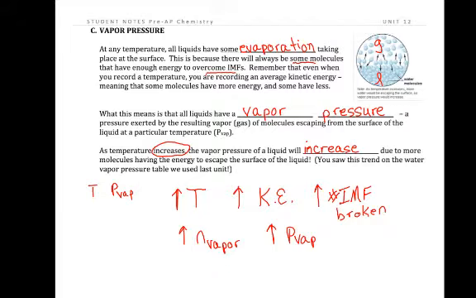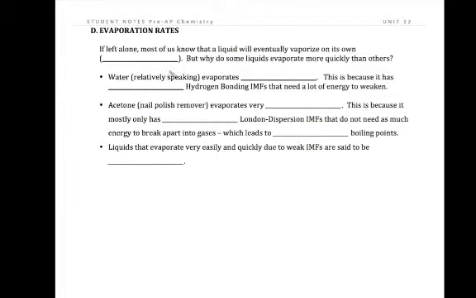All right, now let's see here. Evaporation rates: if left alone, it's going to vaporize of its own accord. It's going to evaporate. Now, the evaporation rate is all going to be dependent on the intermolecular force strength. So if we have, for example, two water molecules, the force of attraction between two water molecules is very, very strong.